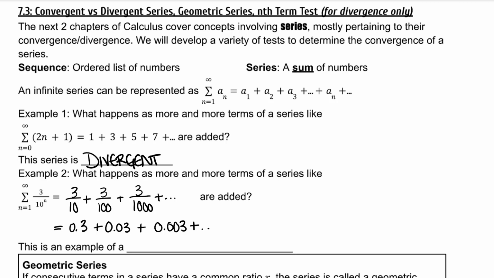As you continue, you're going to get 0.33333 repeating, which is 1/3. So this series actually has a finite sum of 1/3. This is an example of a convergent series because it converges to 1/3, because the terms add up to be 1/3.